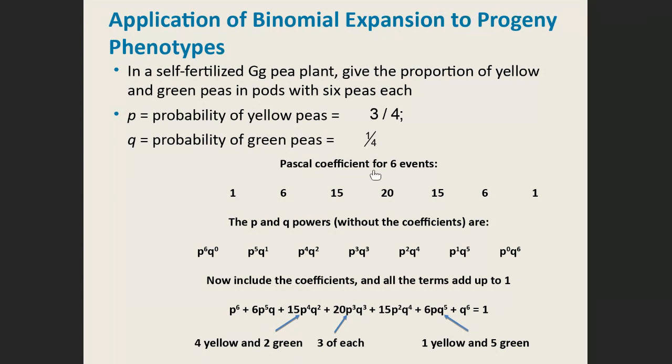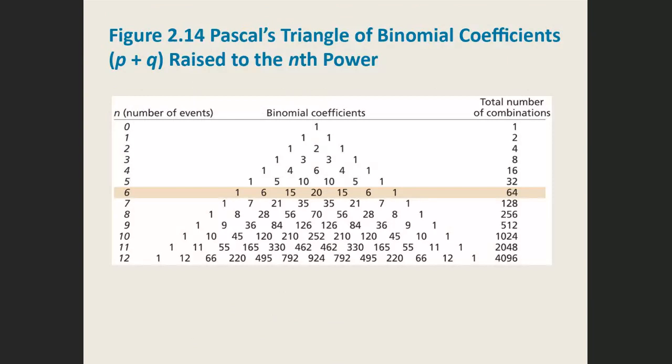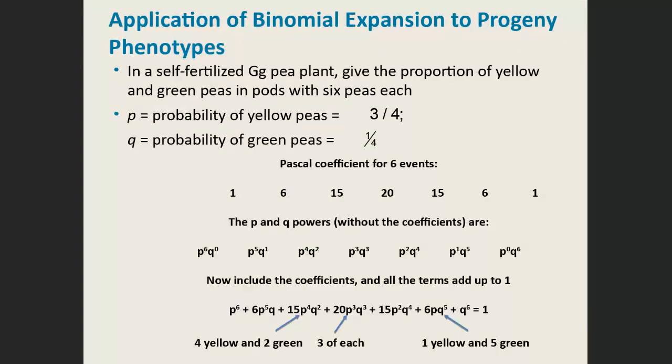You look at the Pascal coefficients for 6 events, as I just showed you in the previous table. These coefficients are 1, 6, 15, 20, 15, 6, and 1. Underlined here, okay? And then you develop your terms.